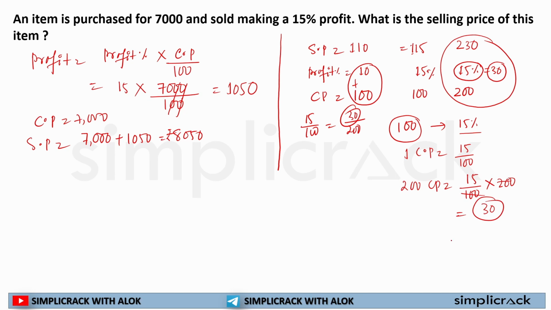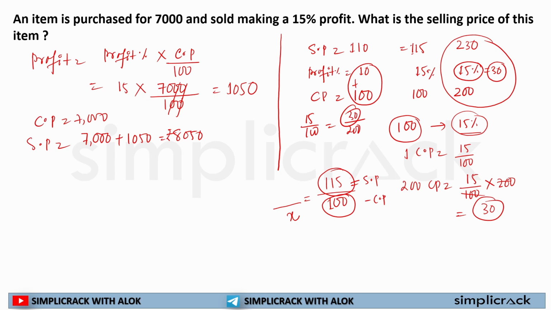But if 15% gain is given, on 100 how much is your sales price? 115, right? On 100 cost price, your selling price is 115. So if X is a cost price and you have to find out the sales price of it, how would you solve it?